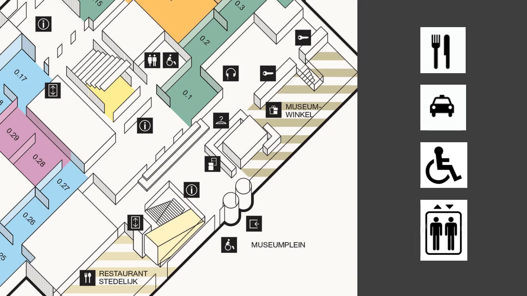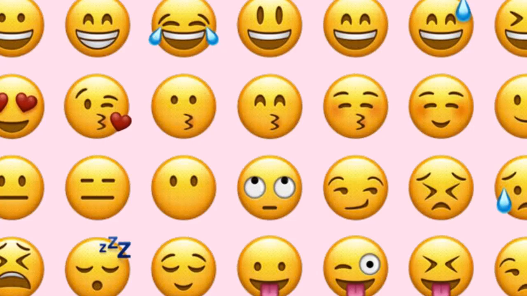So you can see, you can still recognize all those different symbols and understand how to navigate through the space. And even today's emojis, while probably not exactly what Neurath had in mind, are nevertheless a distant cousin of ISOTYPE.